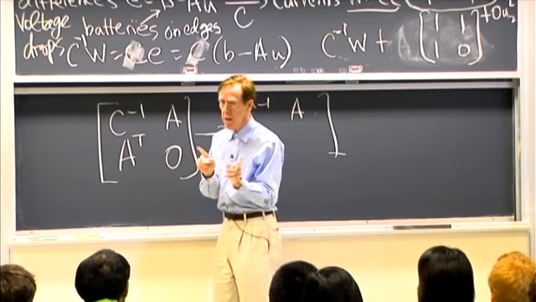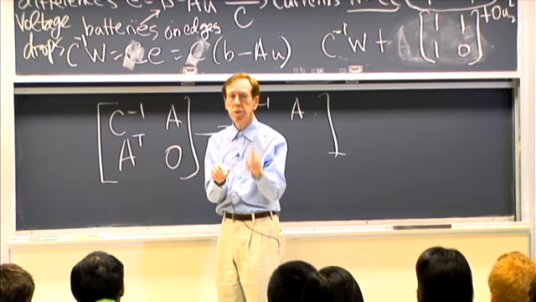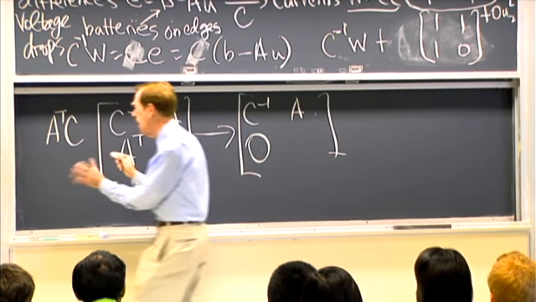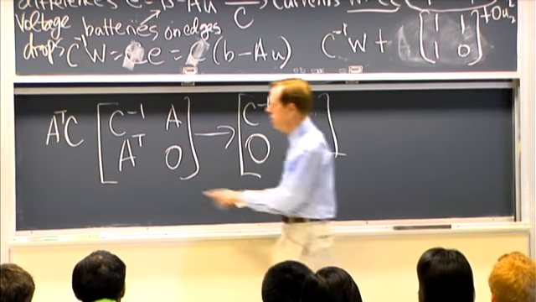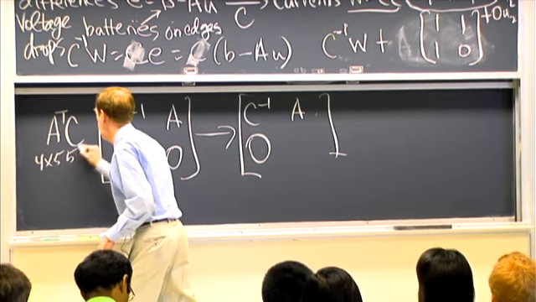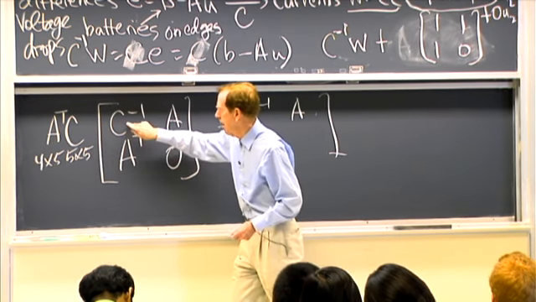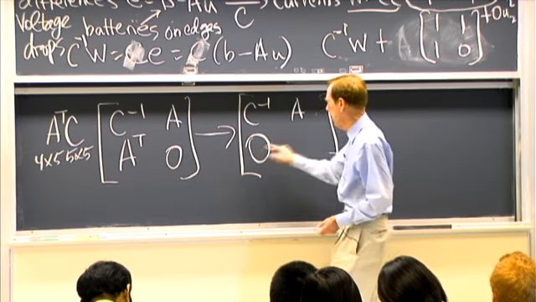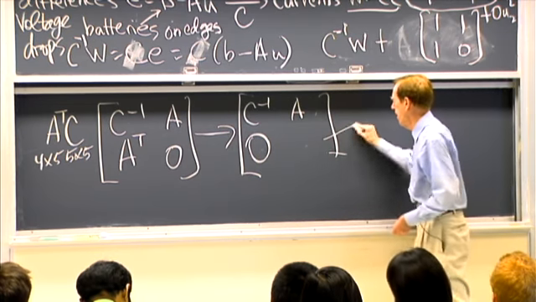You said CA transpose, but I don't think that's it. A transpose C. You got to multiply by A transpose C. First of all, CA transpose wouldn't be a possibility. Wrong shapes. A transpose C is the 4 by 5, 5 by 5 guy. So you multiply A transpose C, that cancels that, leaves the A transpose. When you subtract it, gives you a 0. And what shows up there?